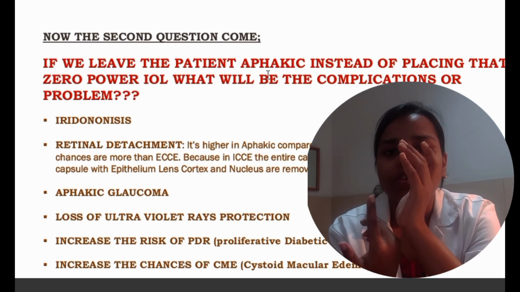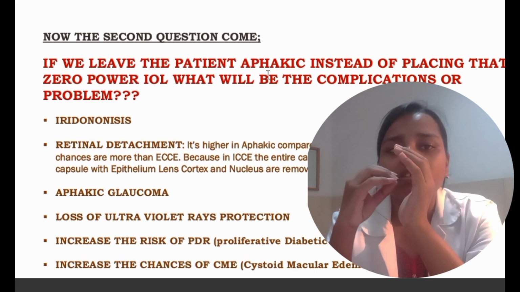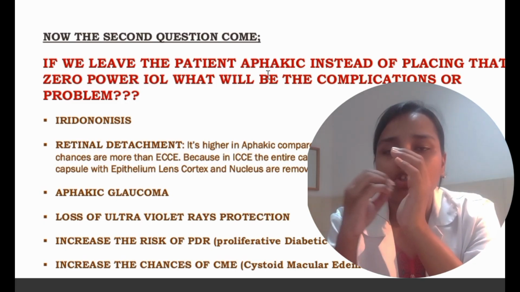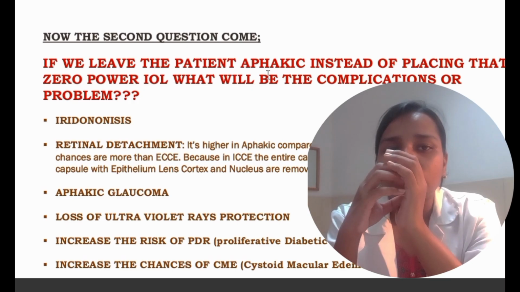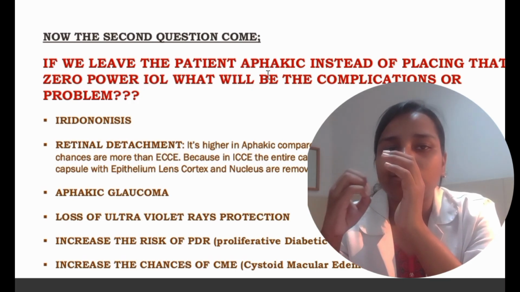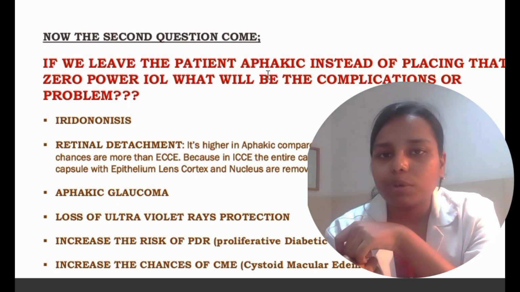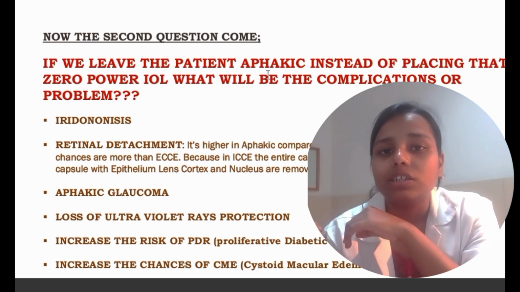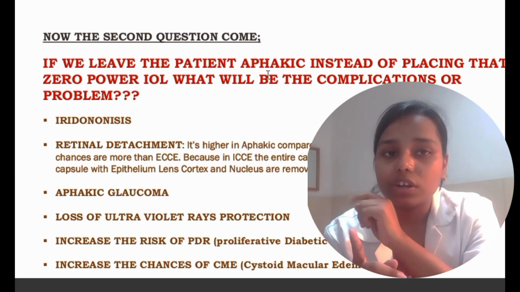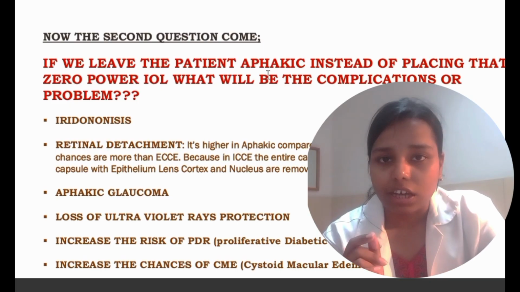So when the vitreous comes here, it will create a vitreomacular traction on the retina, right? When it creates traction, in the long term what will it cause? Tractional retinal detachment will be there, and that is why the aphakic condition also creates a retinal detachment.